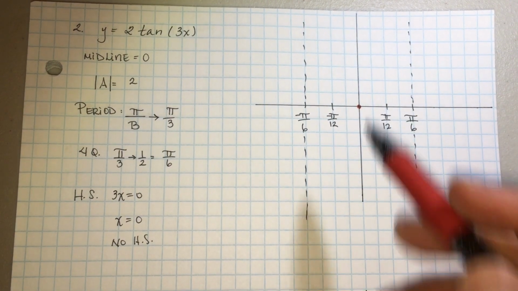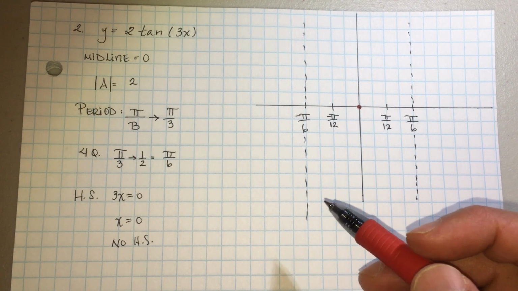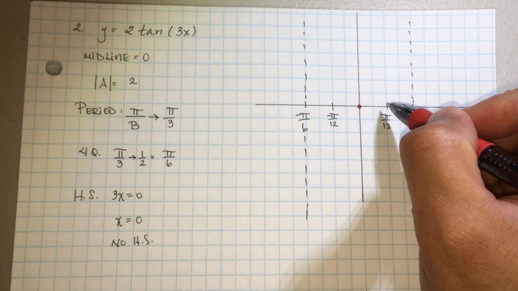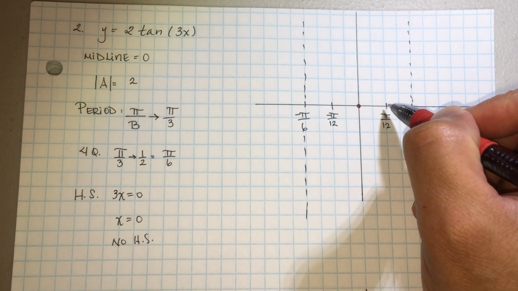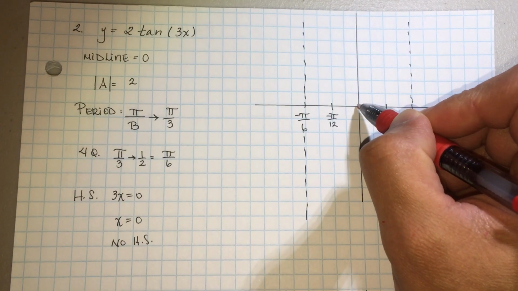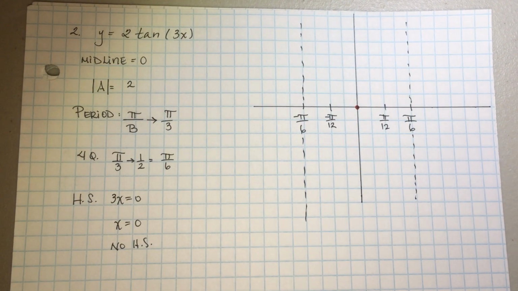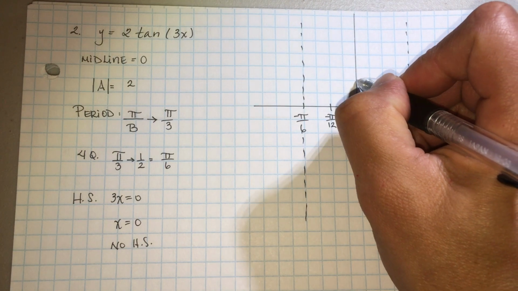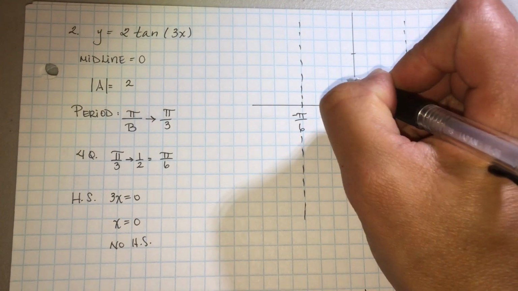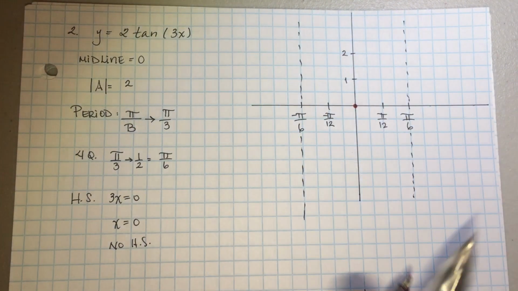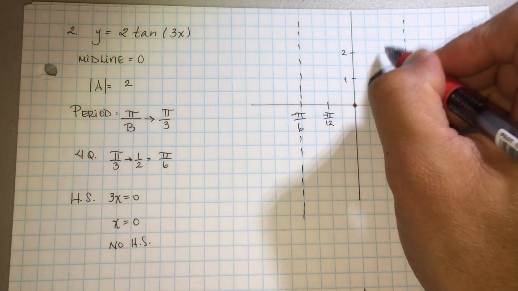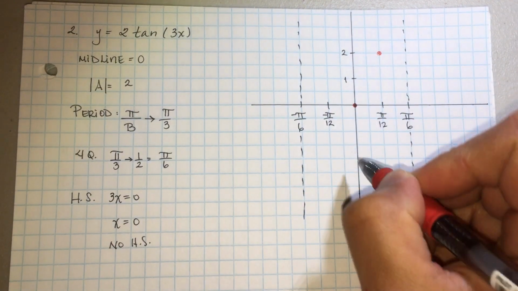And then all I need is my other 2 points. Well, amplitude. So from here, I've got to go to the amplitude. By the time I get to here, it has to be at the amplitude from the midline. So I'm going to go ahead and make it a little bit bigger. So it's 2, right? So let's say that's 1, and that's 2. Let's say that's 1, and that's 2. So by the time I get to here, I'm right there at the amplitude.